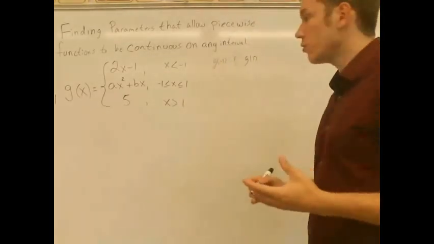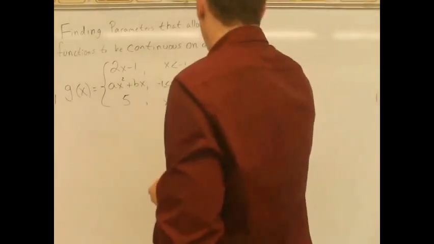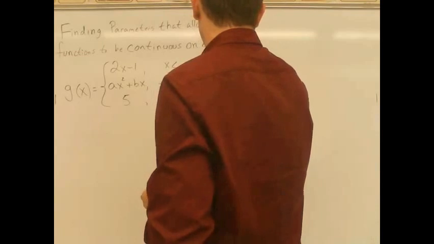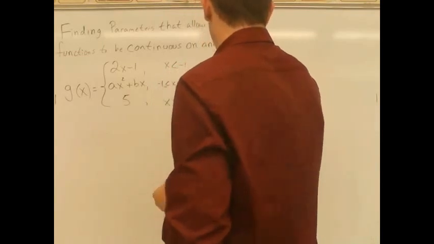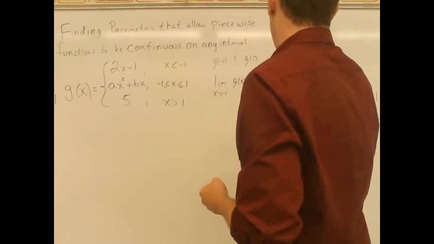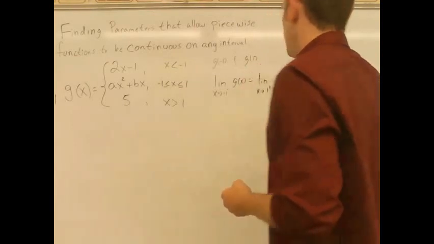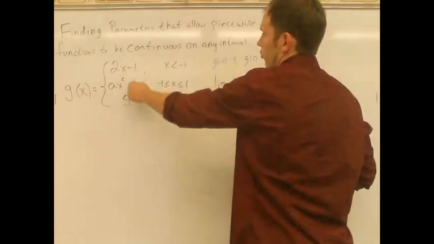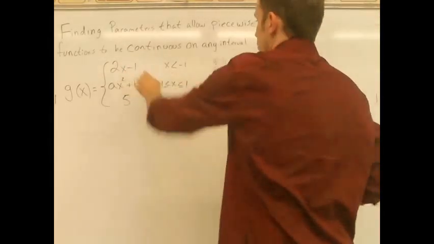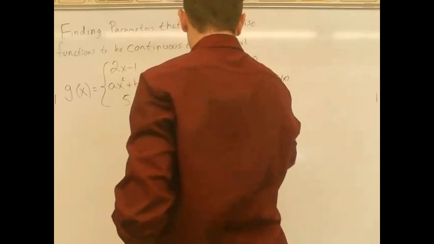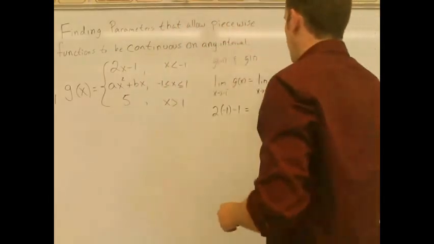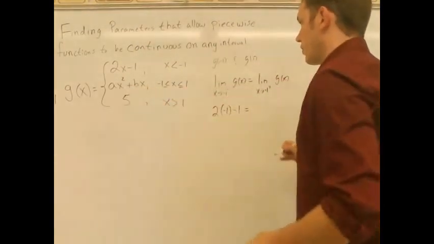So what I'm going to do first is work off the fact that the limit as x goes to -1 from the left of the function has to be equal to the limit as it goes from the right of the function. So now I'm going to be focusing on these 2. I'm going to plug in -1 into my 2x minus 1, and that's going to equal plugging in -1 into ax squared plus bx.